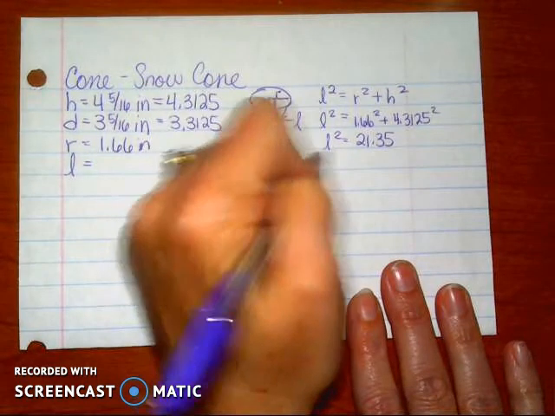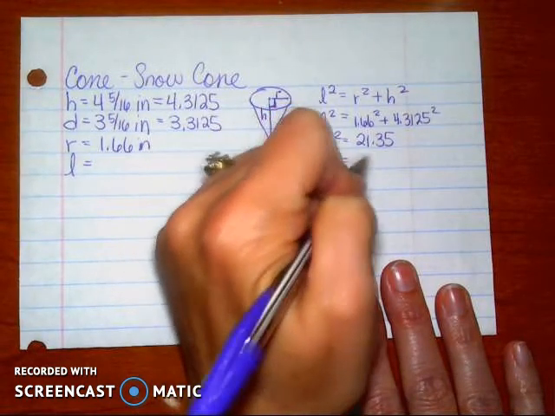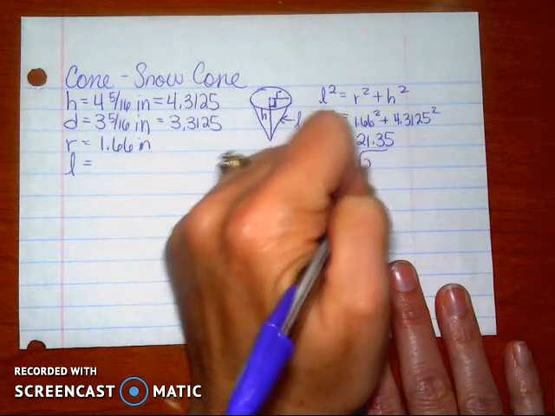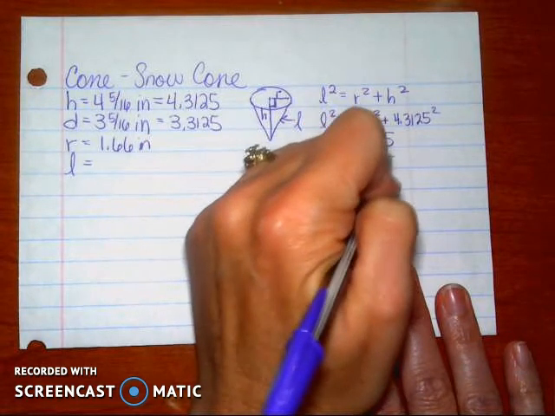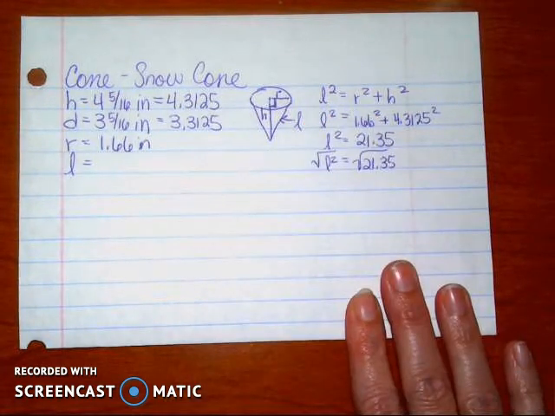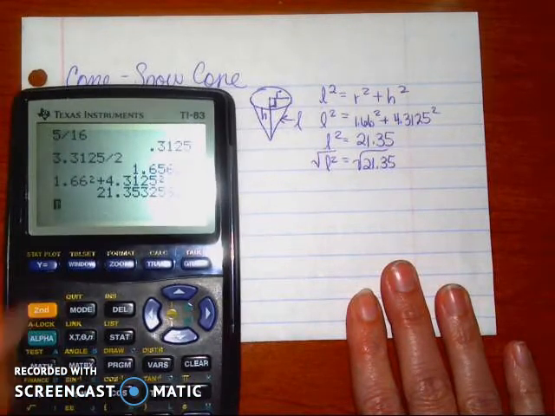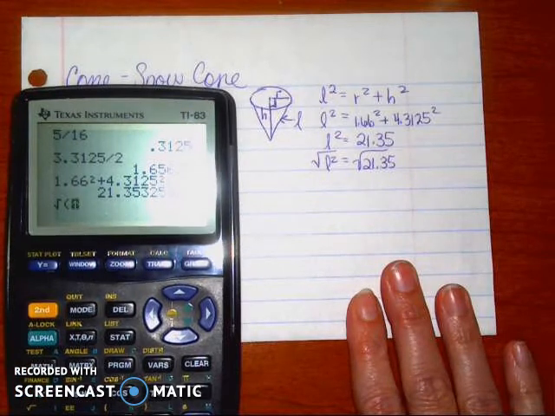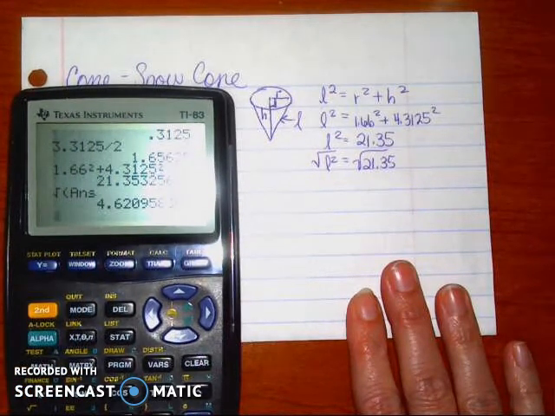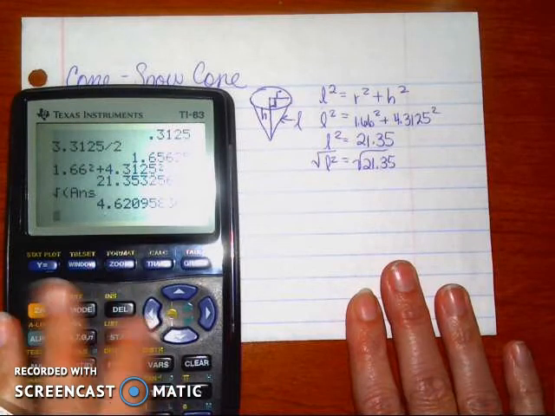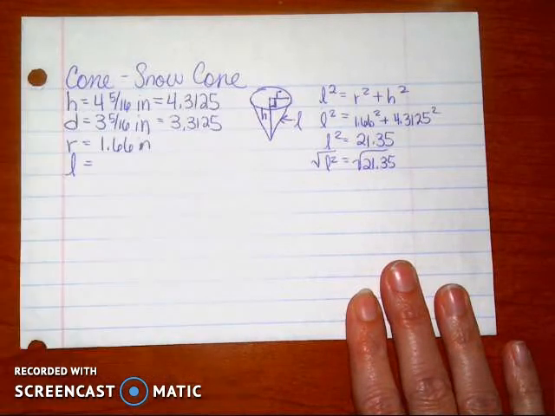And then I need to square root both sides, because I need a single L, not a squared L. Now when I come in my calculator, I'm going to leave the entire number, and that's taking that last answer and taking the square root. So I get 4.62. That's what I'm going to use for my slant height.